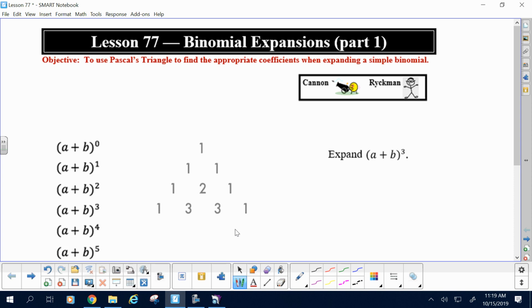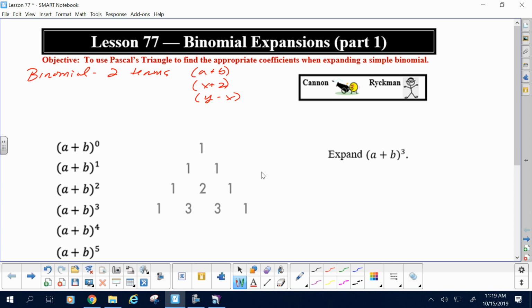All right, so it goes like this. When you take a binomial, that is 2 terms, something like a plus b, or x plus 2, or y minus x.